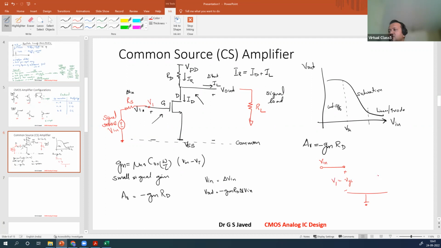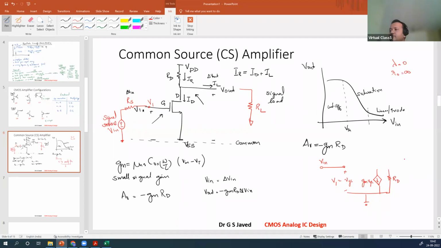Now what do you have? gm VGS, and you have R0. Since lambda is not defined, if lambda is equal to 0, we will take R0 equal to infinity, so that R0 will be removed. What is pending is RD, right?